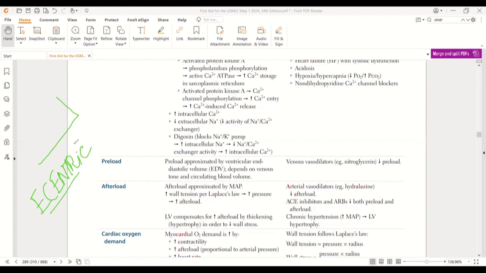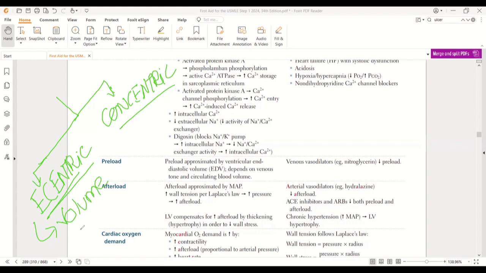In which condition does eccentric hypertrophy take place? Volume overload. Exactly. While concentric hypertrophy takes place in pressure overload.